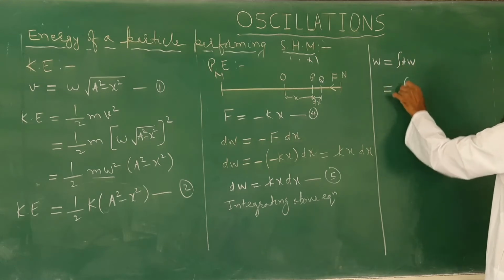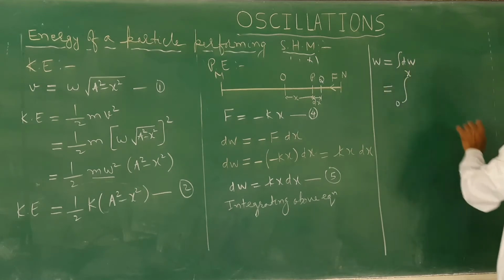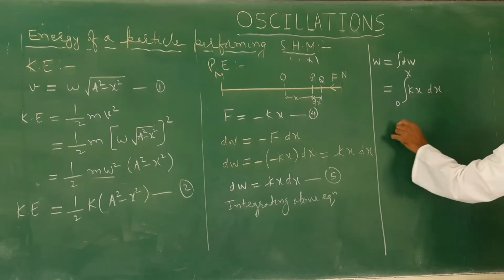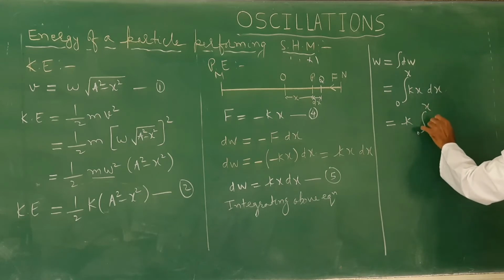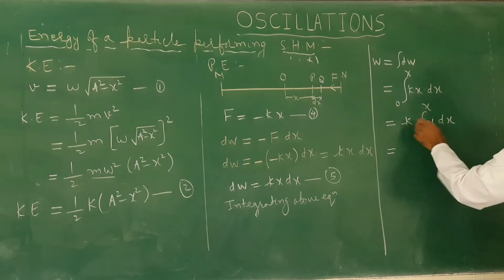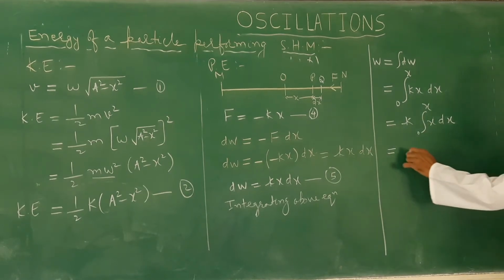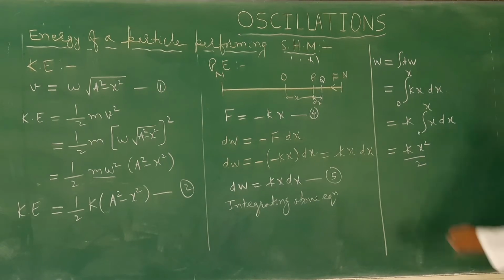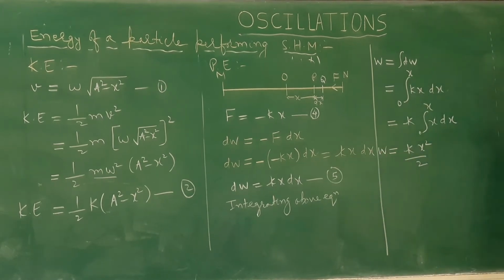So this is equal to the integration from 0 to x of kx dx. If k is taken outside the integration, then integration of x dx. We know the integration of x dx is x square by 2. So W is equal to k x square by 2, or we can write it as half kx square.